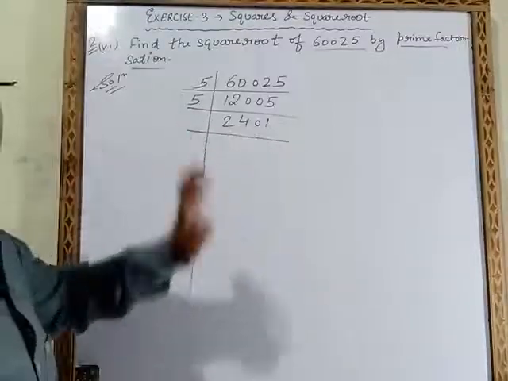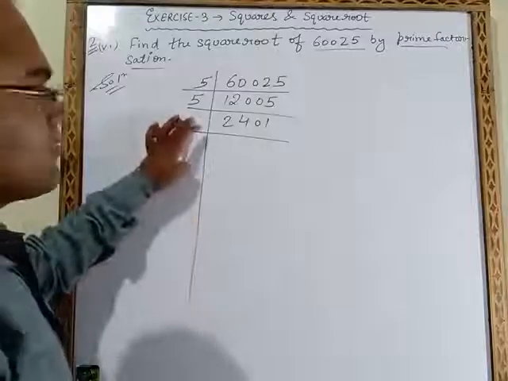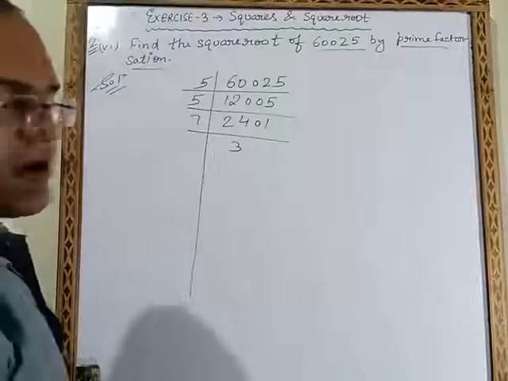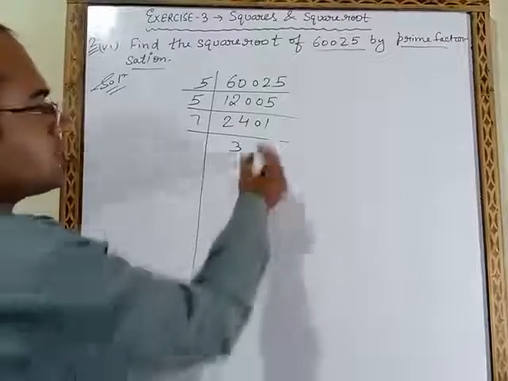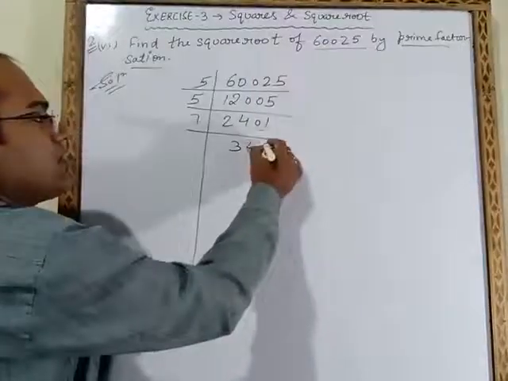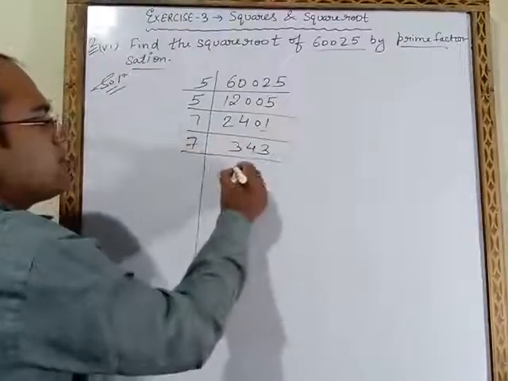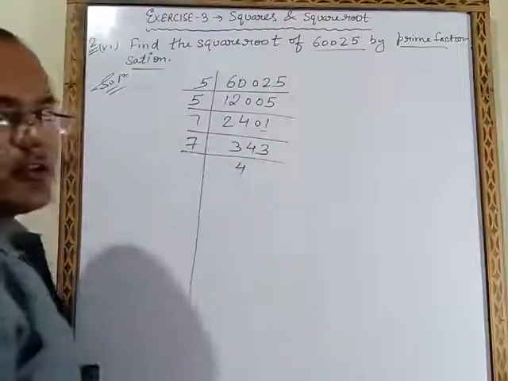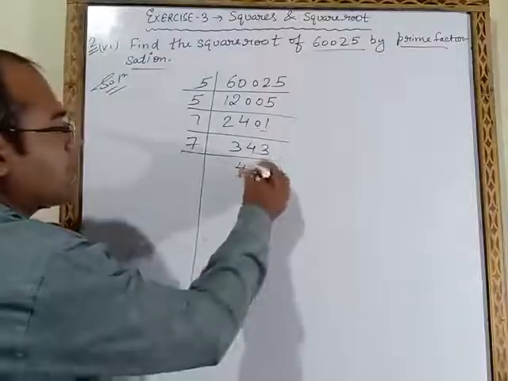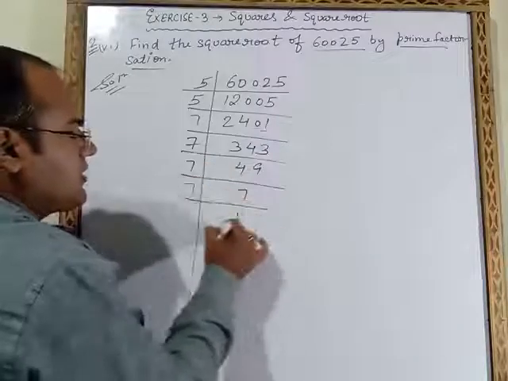Now it is not divisible by 5, so we have to check it with 7, whether it is divisible by 7 or not. 7 3s are 21, remainder 3. 3 and 0 will be 30. 7 4s are 28, remainder 2. 2 and 1 will be 21. 7 3s are 21. Again we will divide it by 7. 7 4s are 28, remainder 6. 6 and 3 will be 63. 7 9s are 63. Again we will divide it by 7. 7 7s are 49. Then 7 1s are 7.